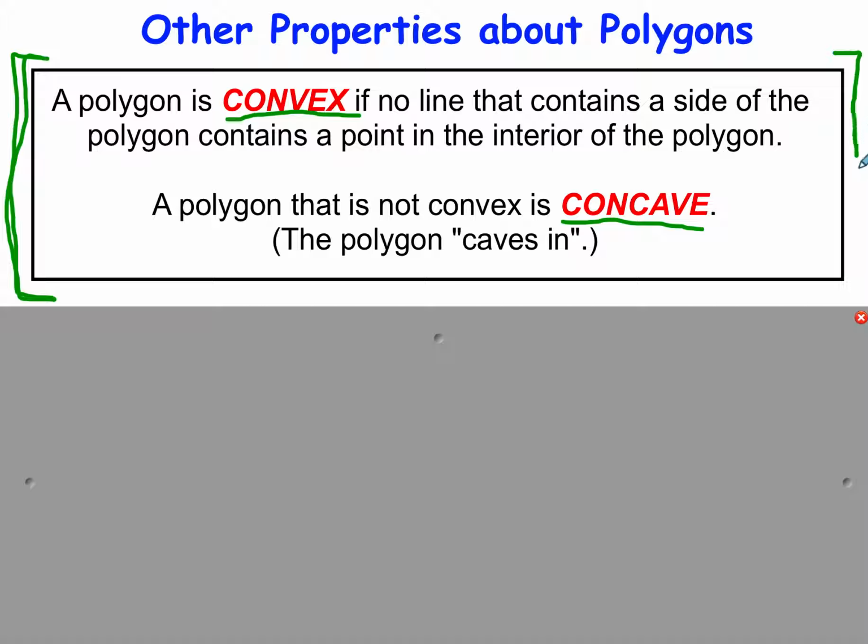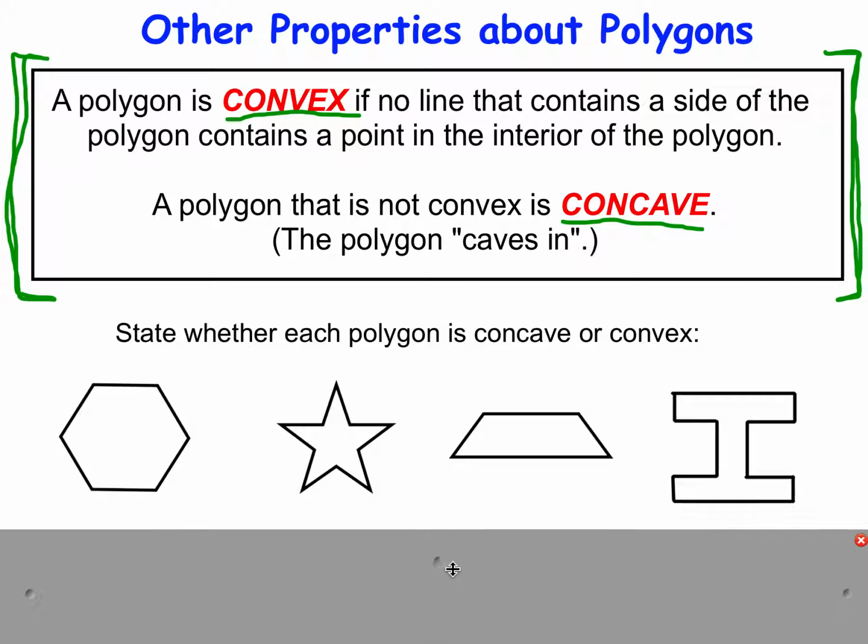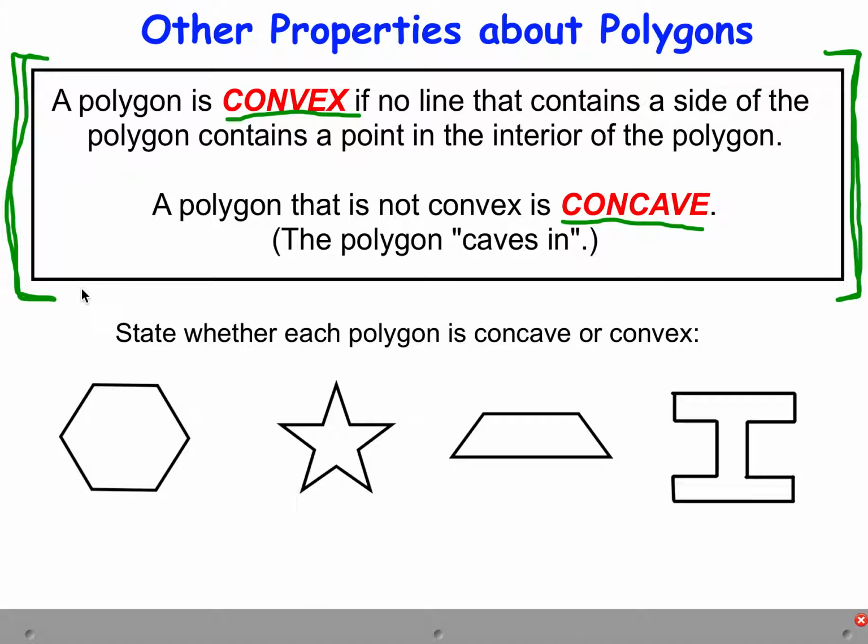So I think it's better to just jump right in and talk about what these mean with some specific examples. What we have to determine is if any of these are concave or convex. Remember, concave is if the polygon caves in. Here's what the first part of this means.